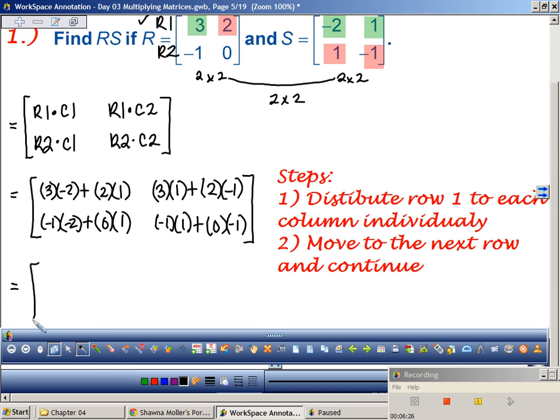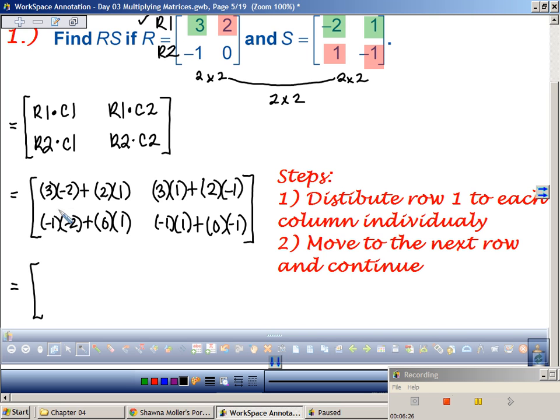Equals. I still don't skip steps. I'm telling you, I make mistakes all the time when I'm doing these. I think I made like 5 mistakes in the last class when I tried to go fast. 3 times negative 2 is negative 6 plus 2. This one is 3 minus 2, right?